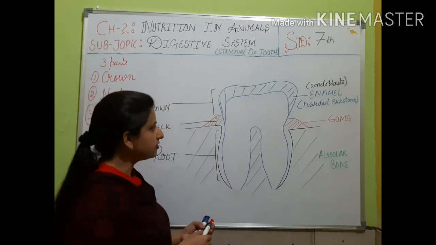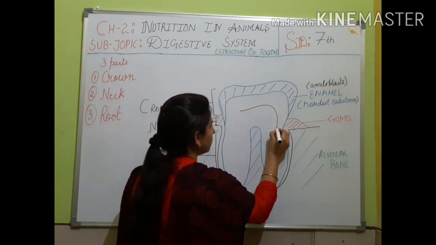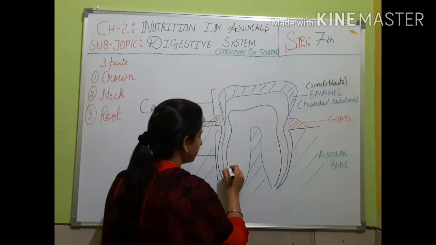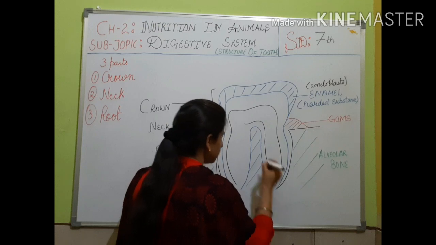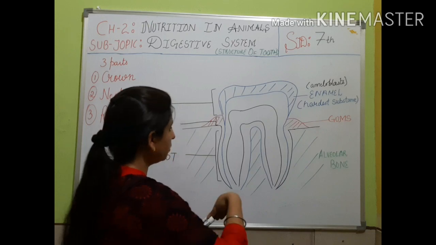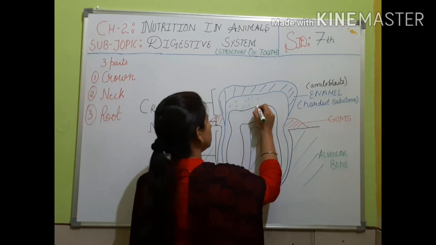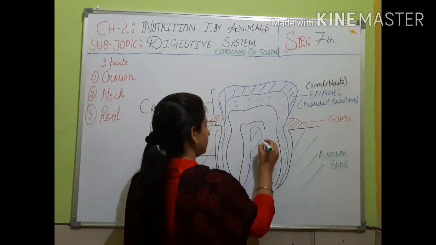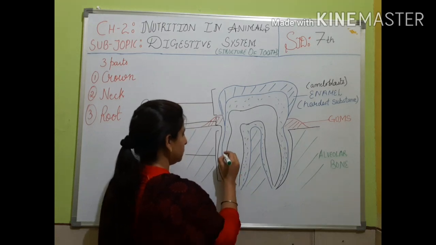So if I draw the second layer, the dotted part which I am drawing is called dentine.